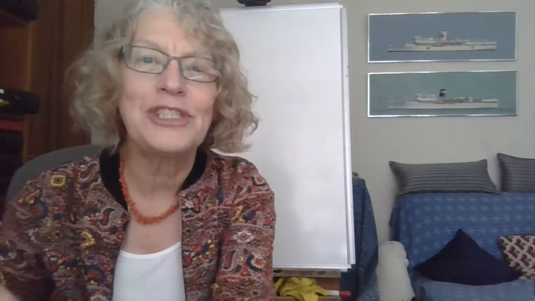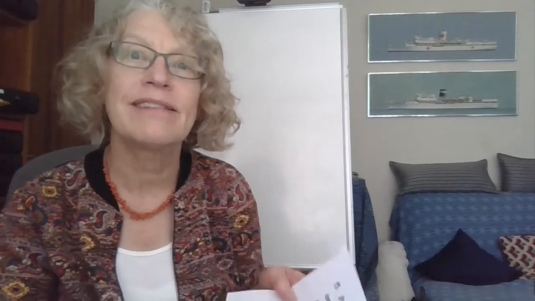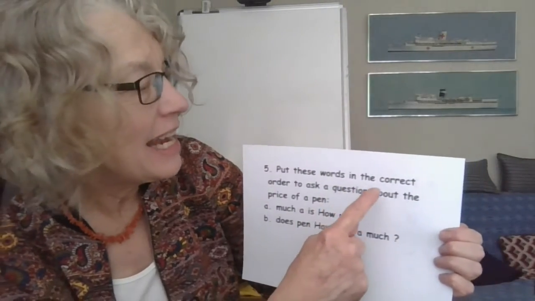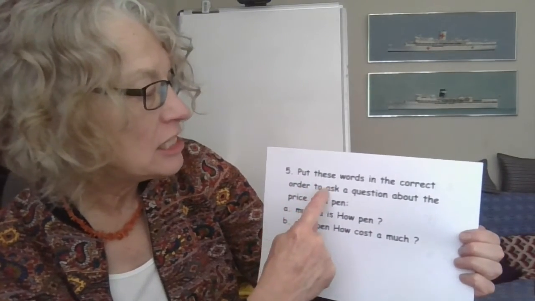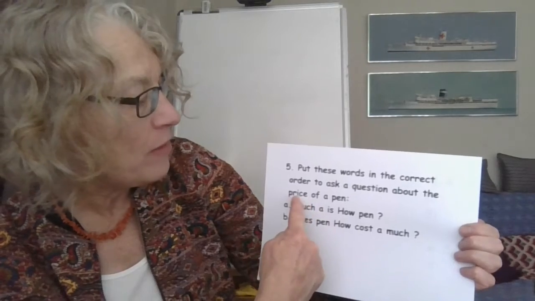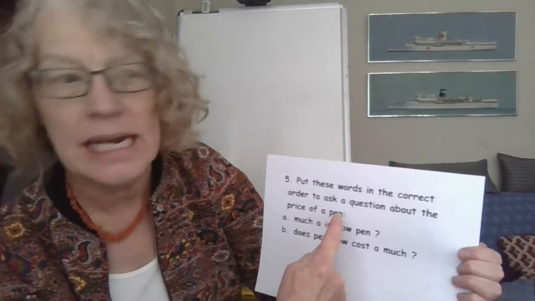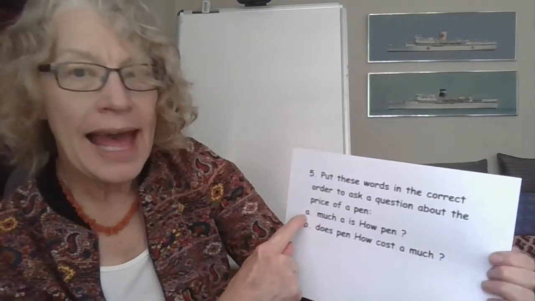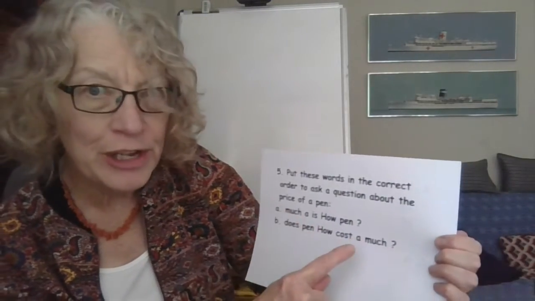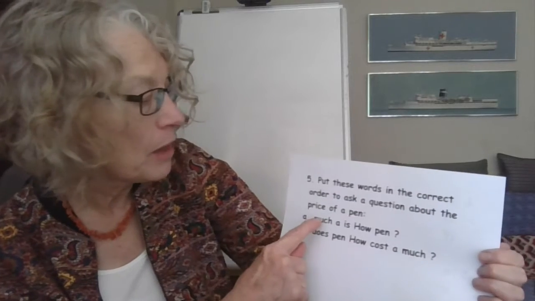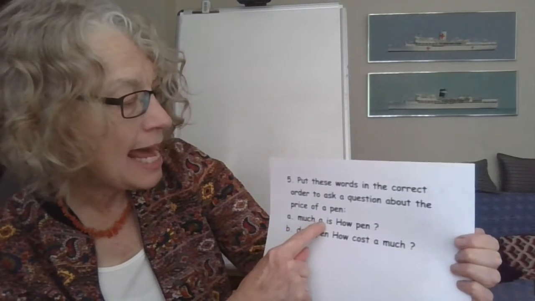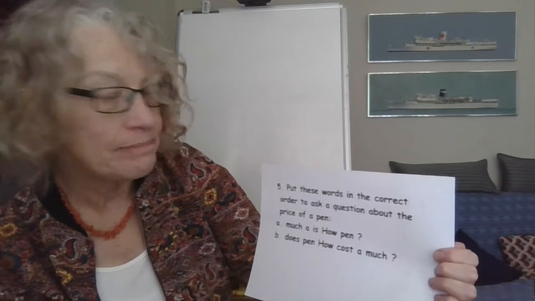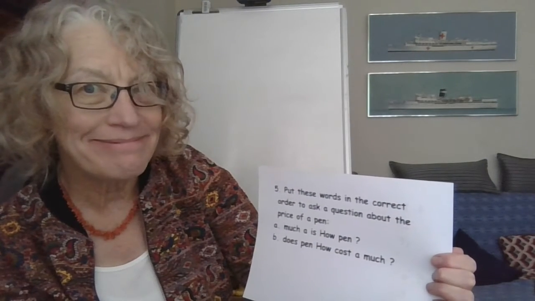And the last question, 2 parts to this. You've got to put these words in the correct order to ask a question about the price of a pen. A, these are the words and the punctuation mark: much, a, is, how, pen, and a question mark.